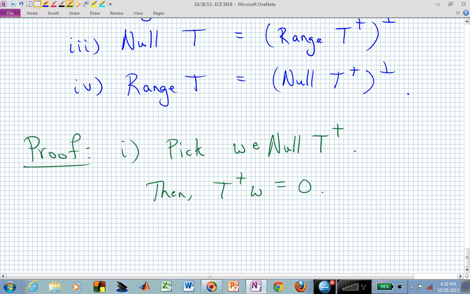Now what I'm going to do is look at V inner product with the 0 element.